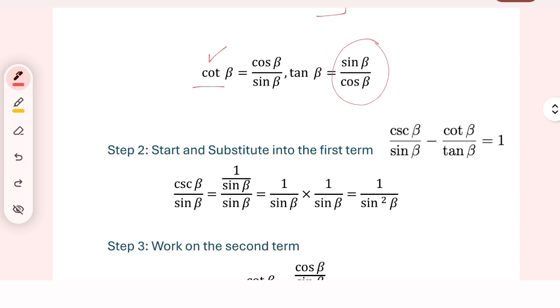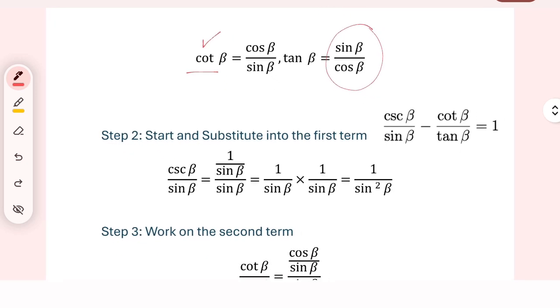Now we start substituting. This is the original given identity. We need to replace cosecant, cotangent, and tangent with functions that have sine and cosine. For cosecant over sine, we replace cosecant by 1 over sine, and then divide by the sine.